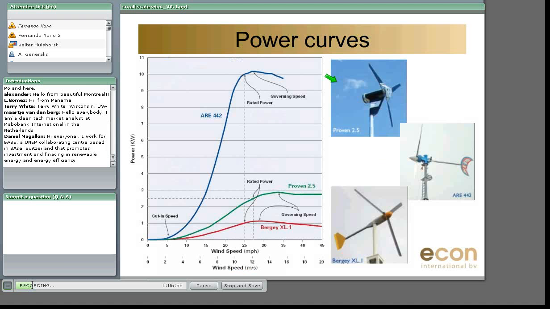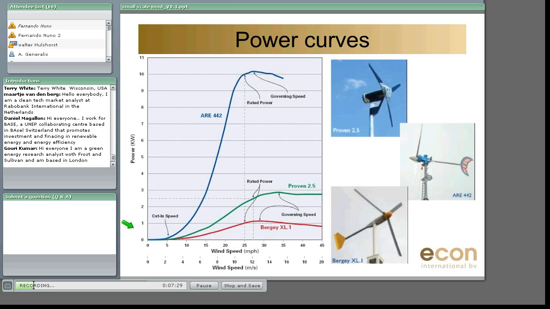In this situation I've added three types of wind turbines and compared them with each other. I have a smaller one which has about 1 kilowatt rated power, a 2.5 kilowatt one, and one with 10 kilowatt rated power. On this picture I've added on the horizontal axis the wind speed, given in miles per hour but also in meters per second, since I noted that a lot of people are talking about meters per second while others are using miles per hour.